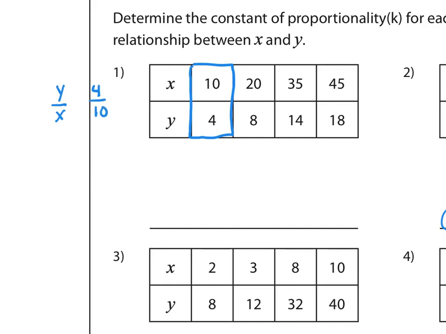Now, if I took 4 and divided it by 10, that would give me a decimal. The calculator is going to default to a decimal, but we'd like to keep these in fraction form. So I'm going to ask you now to take your calculator, and I'm going to show you something that might help you.